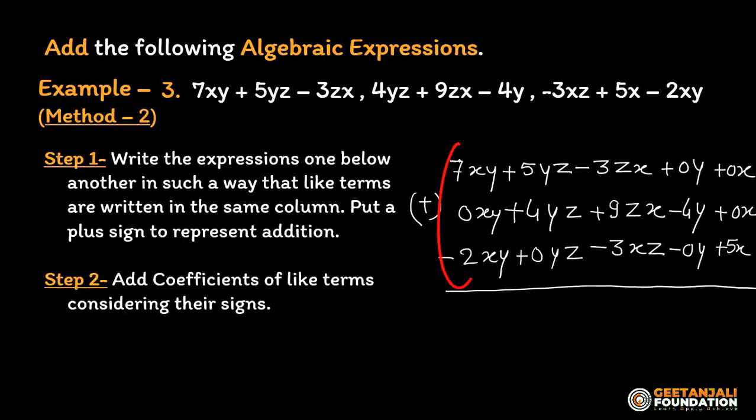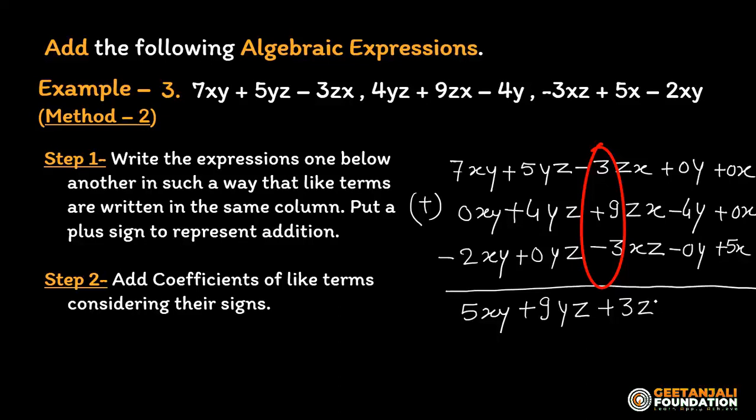So add coefficients of the terms. So 7 minus 2. Whenever we take coefficient, we take along with its sign, so it will become 7 minus 2, not plus 2, 7 minus 2, so that will give you 5xy plus 5 plus 4 is 9, so 9yz minus 3 plus 9 is plus 6, minus 3 will give you plus 3, so plus 3zx.